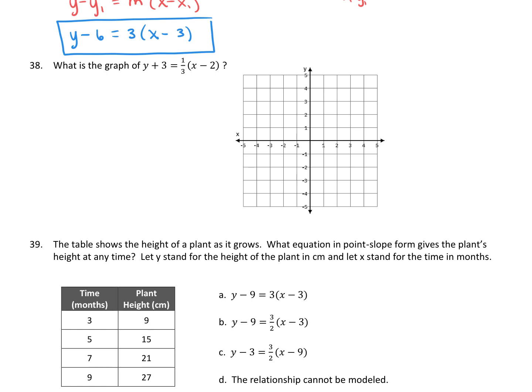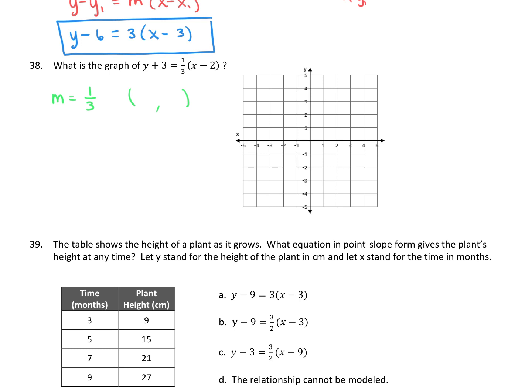All right, so what is the graph of y plus 3 equals 1/3 times x minus 2? This is an easy one to kind of get mixed up a little bit. First, we can identify the slope. That's always going to be right in front of our parentheses, a positive 1/3. We know this will be an uphill line because of the positive slope. And then the point that's on our line. If you remember, the x1 is going to be in here with the x, so it's x minus 2.